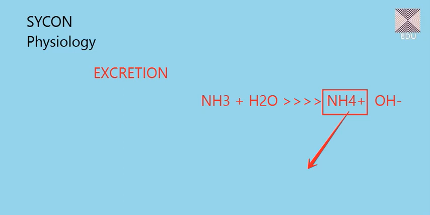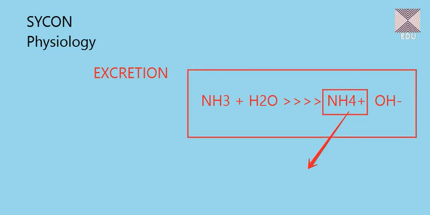If this is a particular cell or a pinacocyte, inside the pinacocyte the ammonium ions are formed, and those will be given out into the environment or into the water simply by diffusion. Again, this is the same process that we have discussed in the previous animals or the protozoans.